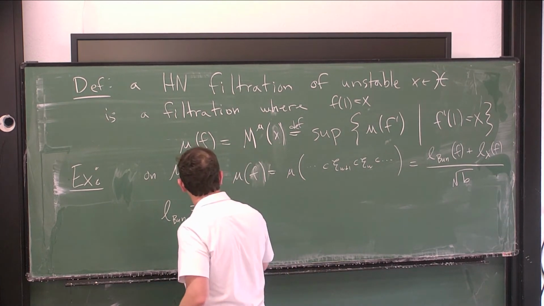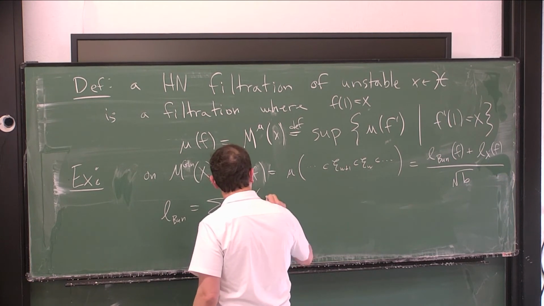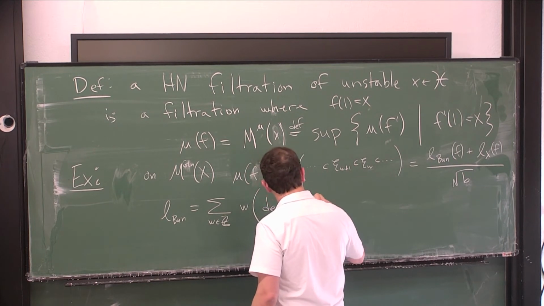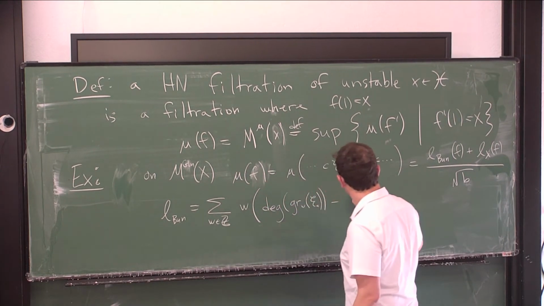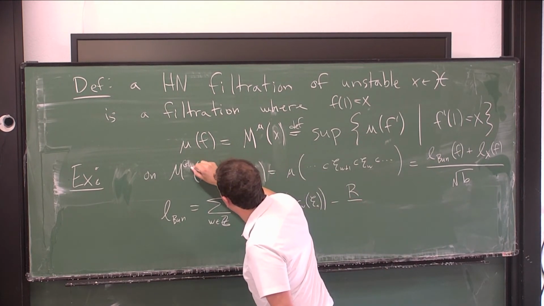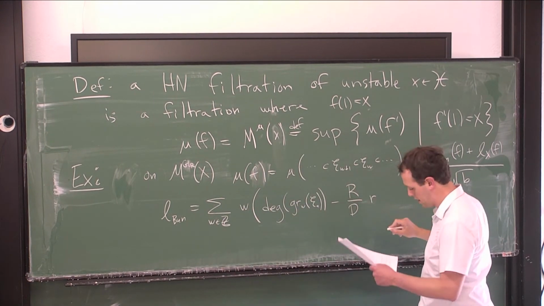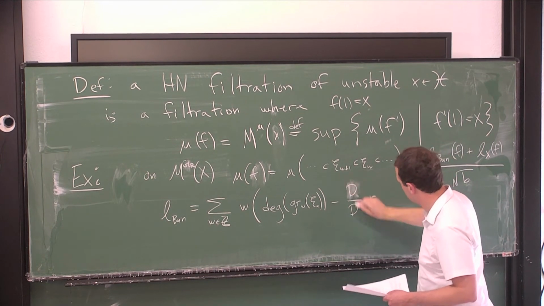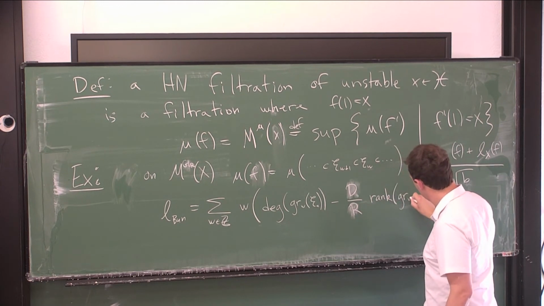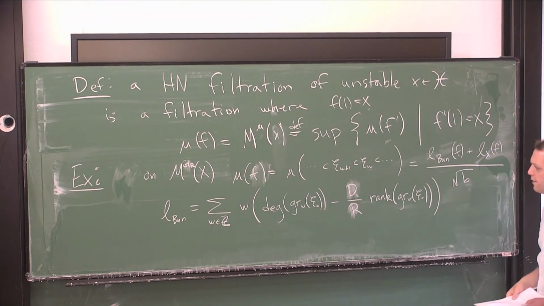It's the sum over w in Z of w times the degree of gr_w of E minus something.